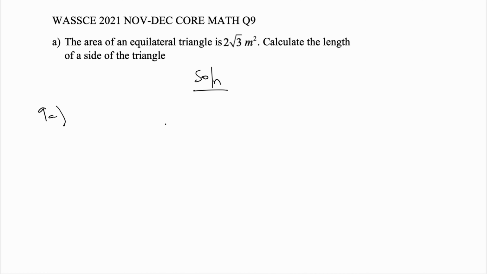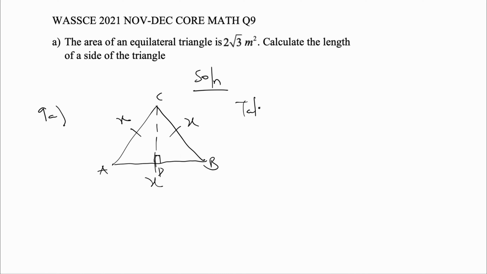So first, let's draw our equilateral triangle. If this side is equal to this and is equal to this, so if here is x, it means here's x and here's x. So here's A, B, C, D. To find the height of the triangle, we take triangle CDB.